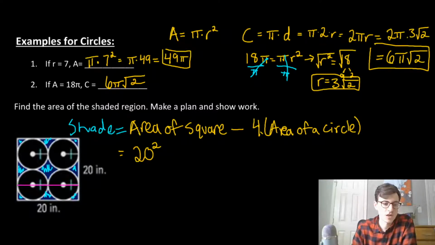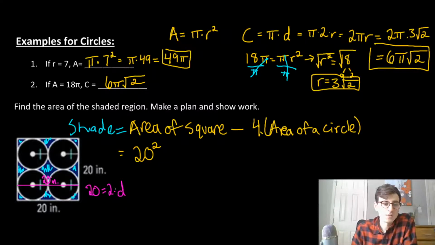I know that a straight line through both of those circles would be 20 inches. So that means that twice the diameter of these circles is 20 inches. So let's write that. 20 is twice the diameter.